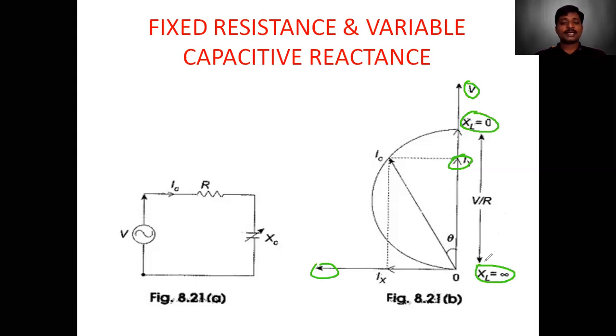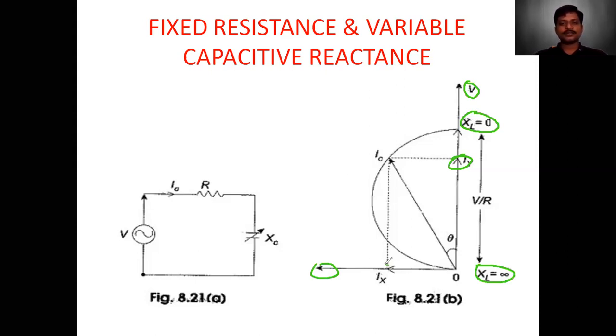Okay. When the reactance equals infinity, which means infinite capacitance, the value of resistance compared to infinite capacitance is very low, so it is more or less a capacitive circuit. In a capacitive circuit, current always leads voltage by 90 degrees, or you can say voltage lags behind current by 90 degrees.